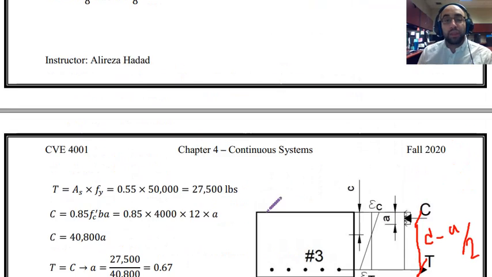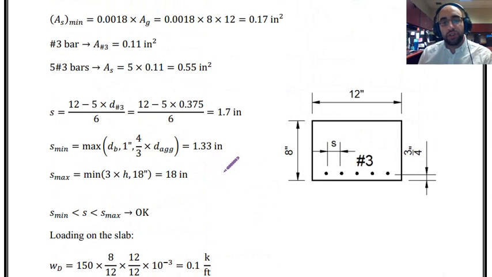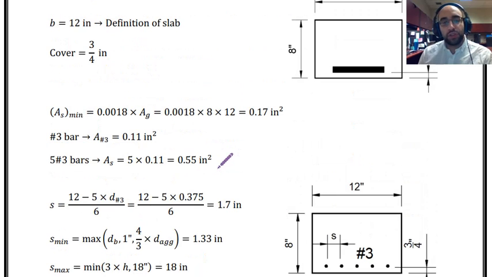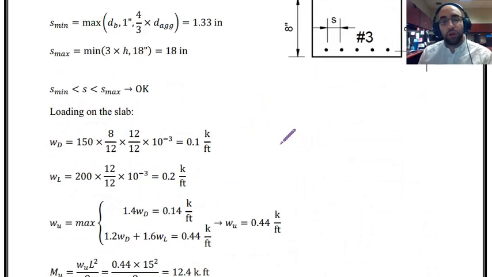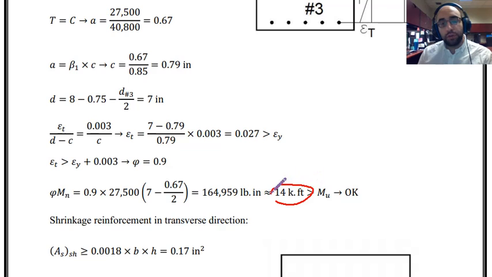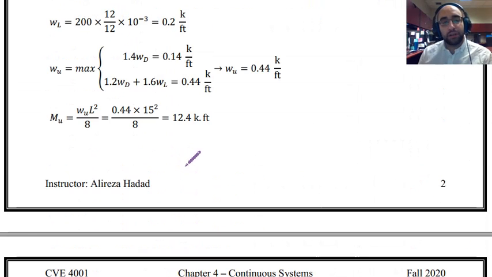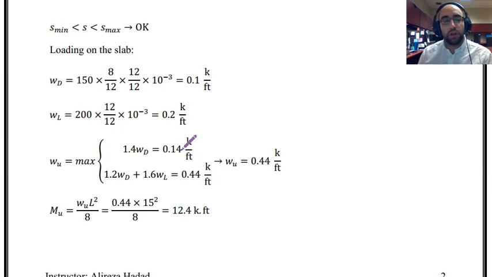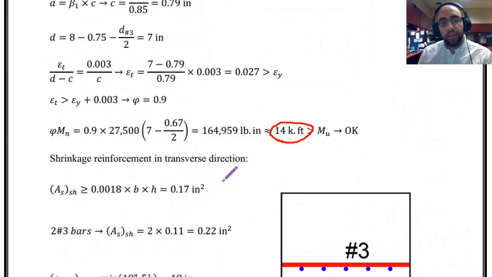Remember that when I was designing the section, I just picked the minimum height. Then for the reinforcement, I just calculated the minimum required reinforcement and went a little above it. And by doing those things, at the end of the day, I got 14 kip-foot. The Mu that we calculated based on a slab weight and some given live load was equal to 12.14.